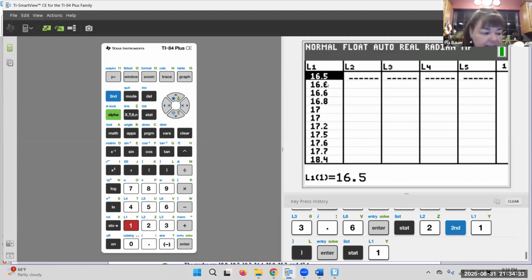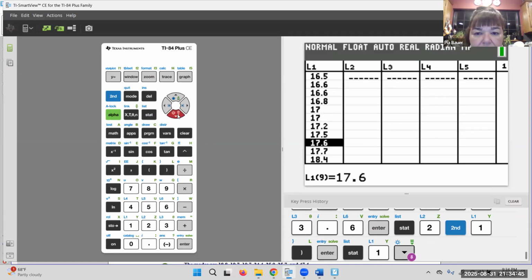So we see 16.6 repeats twice, 17 twice, 18.4 twice, 19.7 twice, 24.4 twice, 25.6 twice.